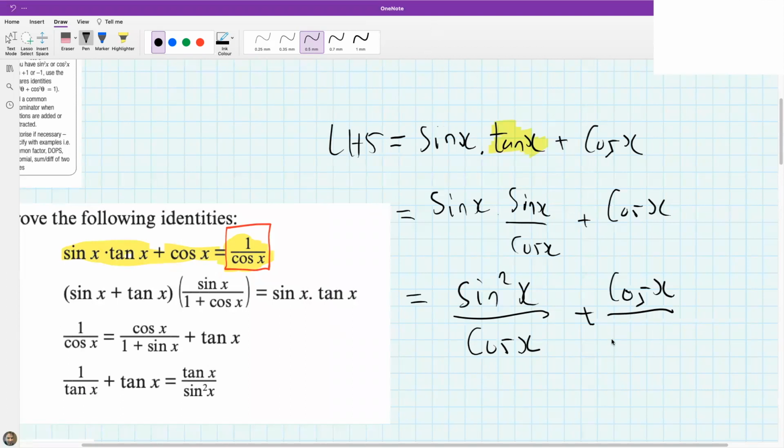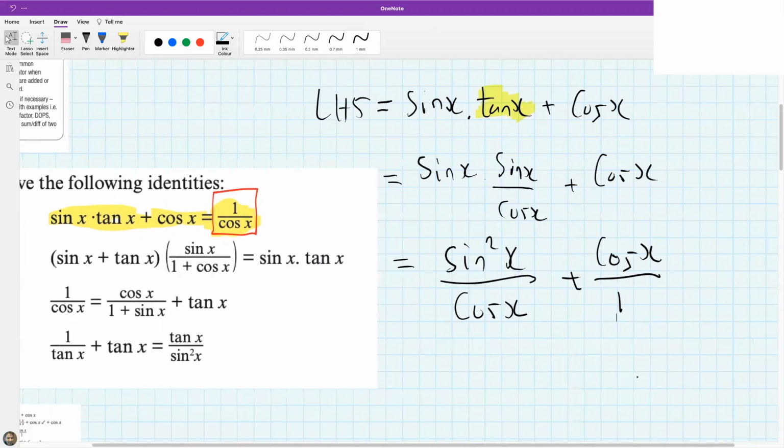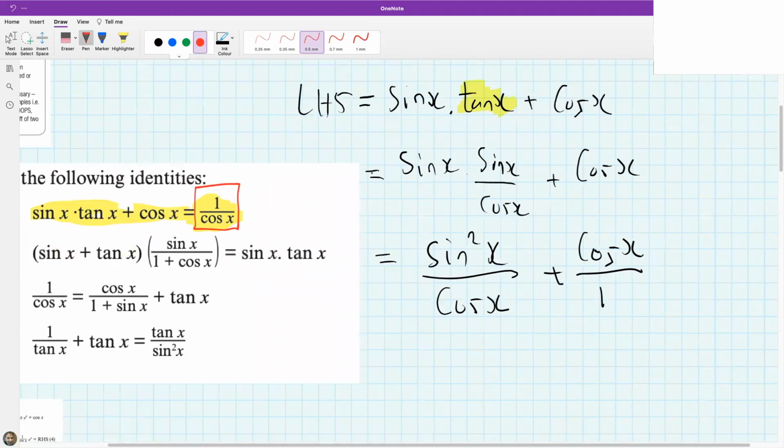I think we could find the lowest common denominator. What would that be? Cos x. Yes. Okay, so we know we want this to be cos x. How do we make the denominator of the second term cos x? Times it by cos x and times the other side by 1.